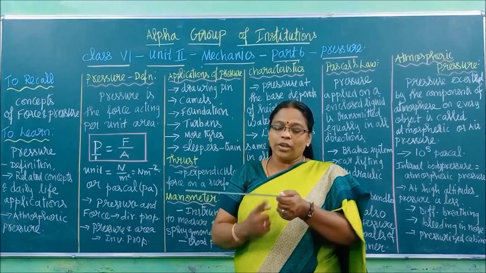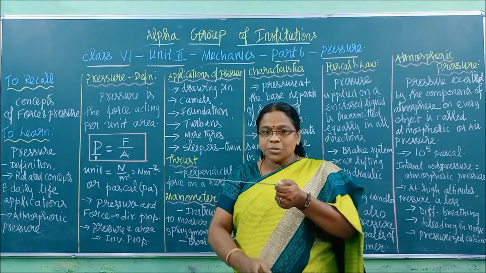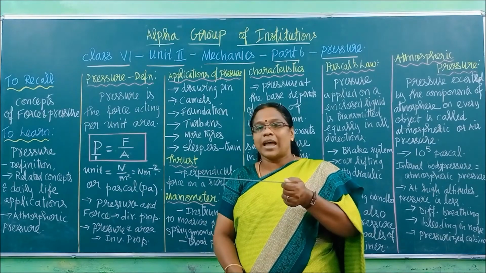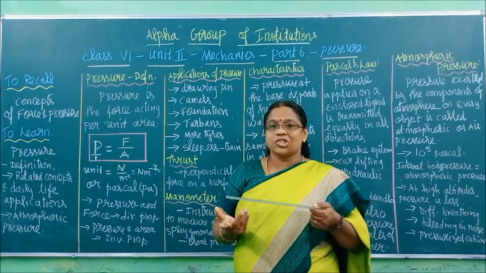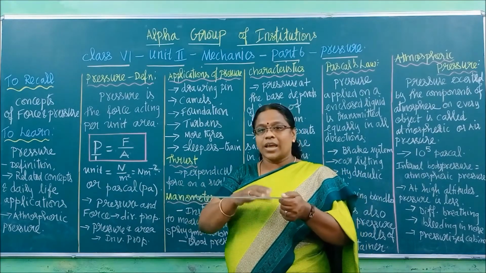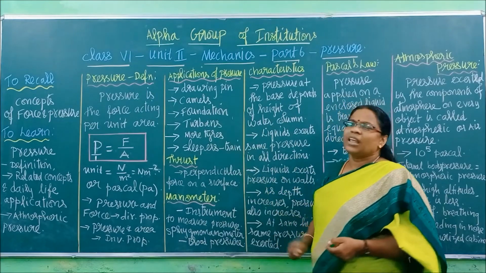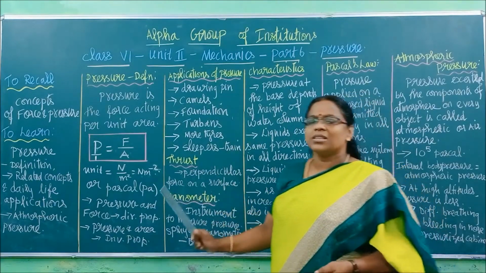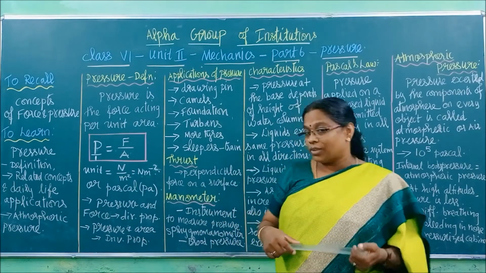If the wooden sleepers are not kept, the train's pressure will go straight into the sand, and the train tracks may get damaged due to that. If the wood is there, the pressure can be spread out. So these are the daily life examples. If this question is asked in an examination, you can give so many examples from your daily life.